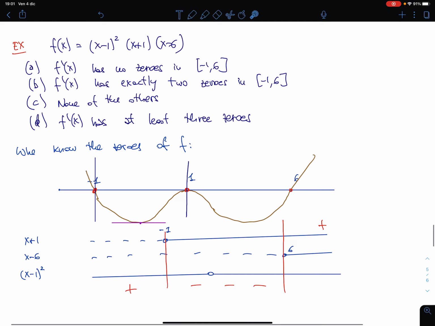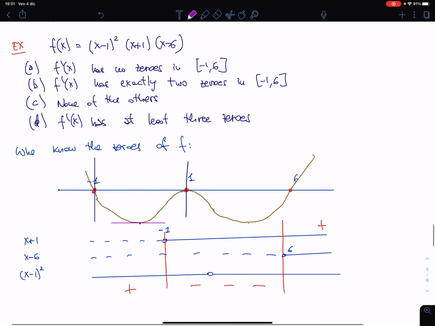Then apply Rolle's theorem here from 1 to 6, and here again you have another point where the derivative is equal to 0.